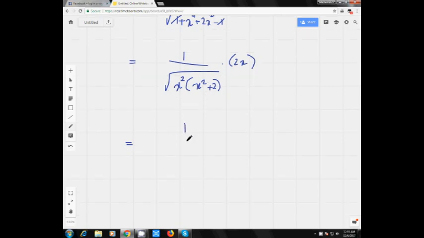You can separate the square root. This is rather a very easy question, therefore I am not going into so much detail on this question.